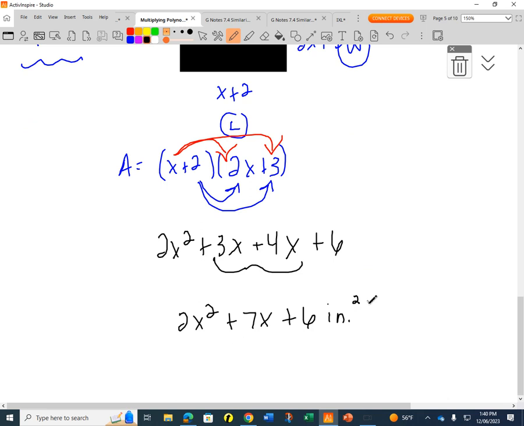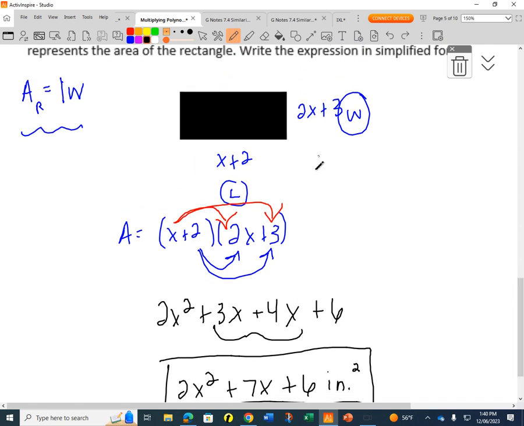So length would just be in inches. Area would be inches squared. Volume, remember, would be inches cubed. So that represents the area of that rectangle with those dimensions. If we knew what x was, we could plug it in here and we'd know the area of that rectangle. Any questions?